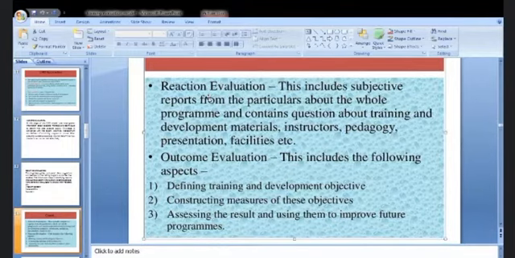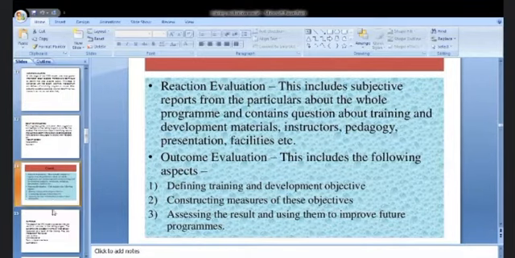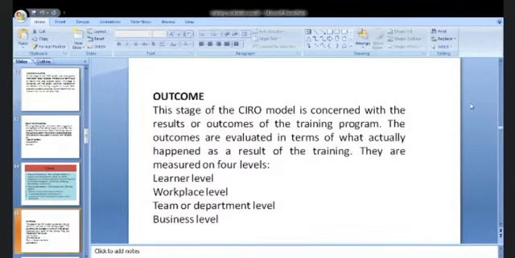Next we have the outcome evaluation. This stage of the CIRO model is more concerned with the results or outcomes of the training program, which is again the fourth level of Kirkpatrick, the results.